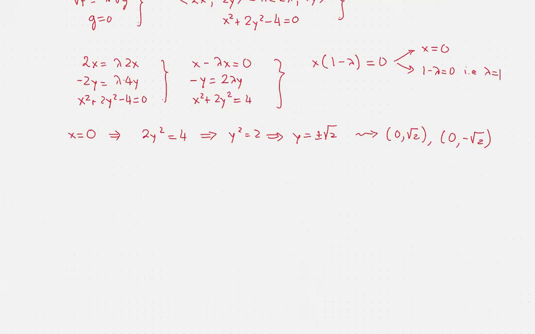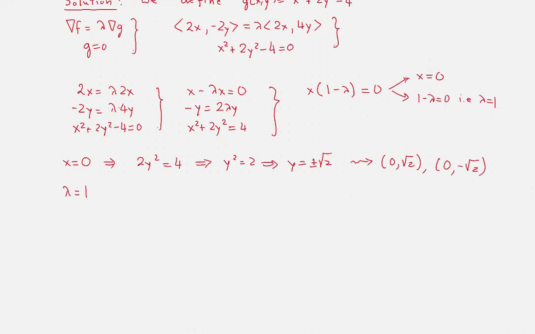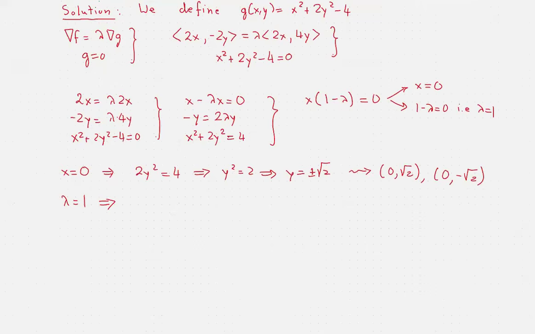And then let's consider that lambda is equal to 1. If lambda is equal to 1, now we go to the second equation. And the second equation tells us that minus y is equal to 2y. Okay, the only way that this can happen, just bring the negative y over to the right-hand side by adding y, and you will find 3y equals 0, which means that y is equal to 0.